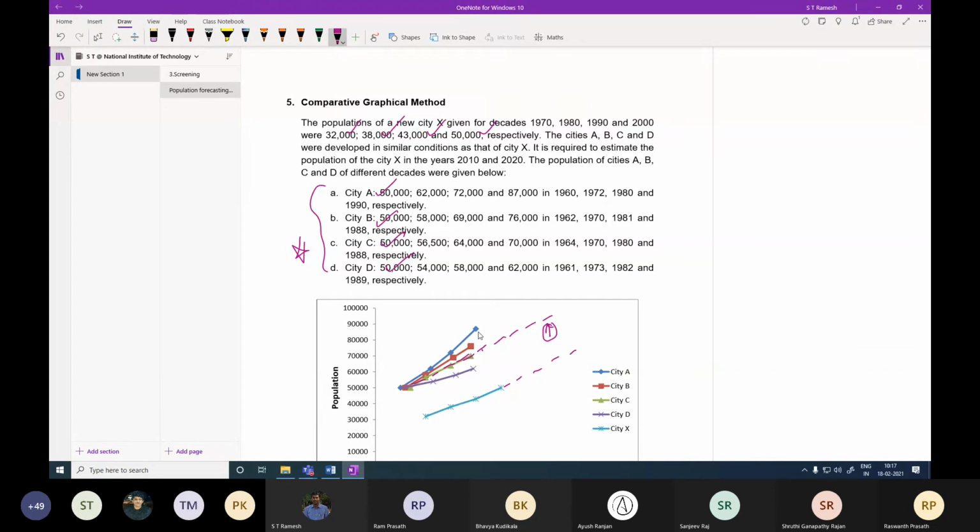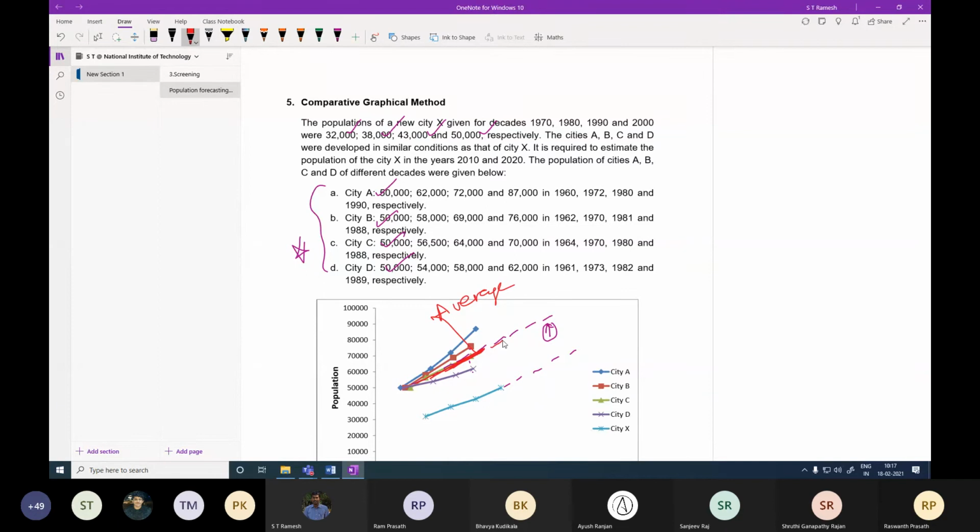For the 4 individual cities, you could understand better: A, B, C, and D. And this I have not plotted. What you do is take an average of the individual populations with respect to the year and take an average line. So you may get an average line somewhere here. This is the average of all 4 cities.